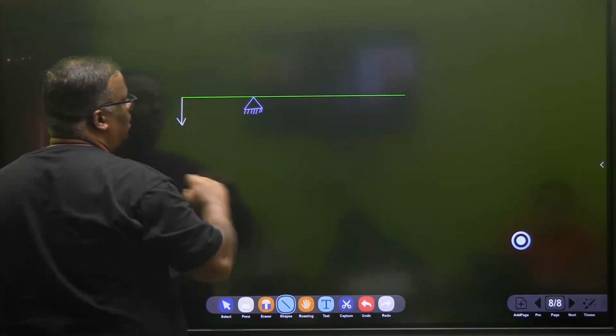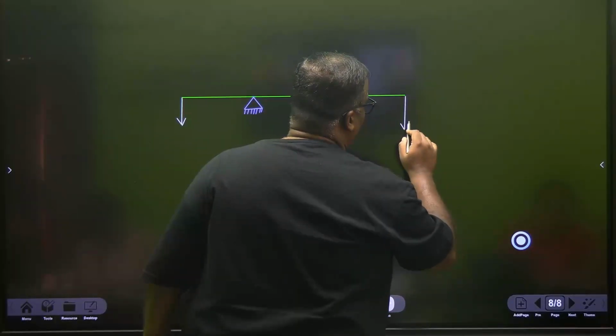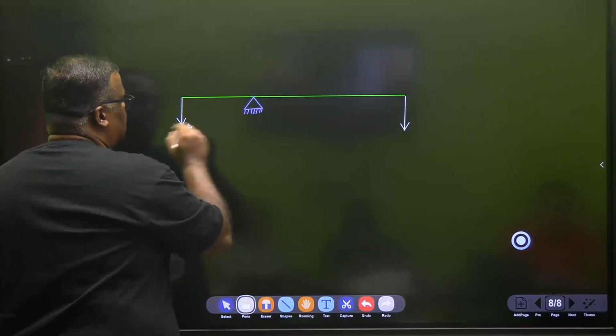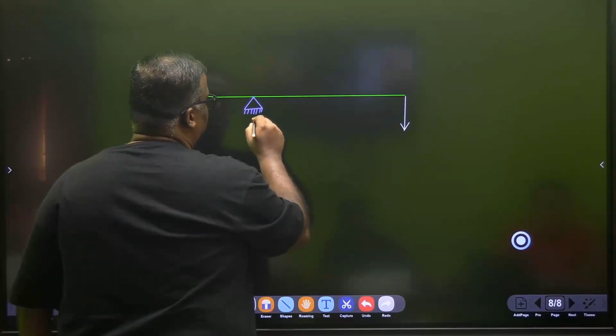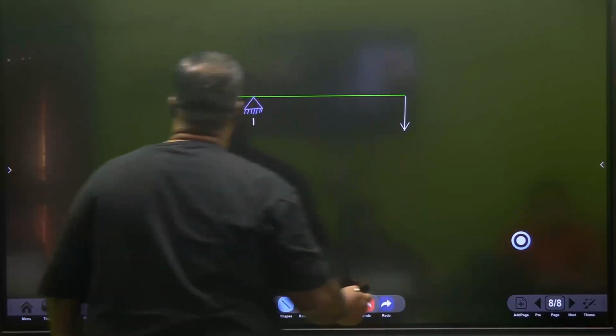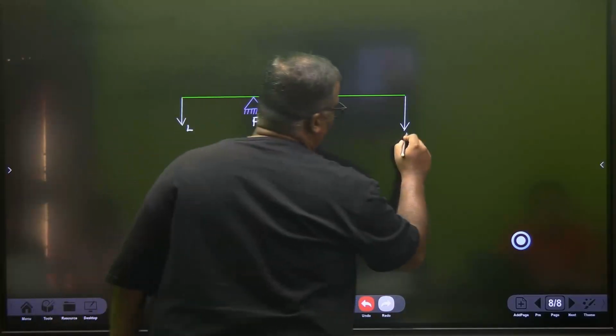This is my load, and you are also applying effort downwards. This is how your effort happens, and right now you are balanced. Sorry, I wrote it the wrong way around. This is the load, this is the fulcrum, and this is your effort.